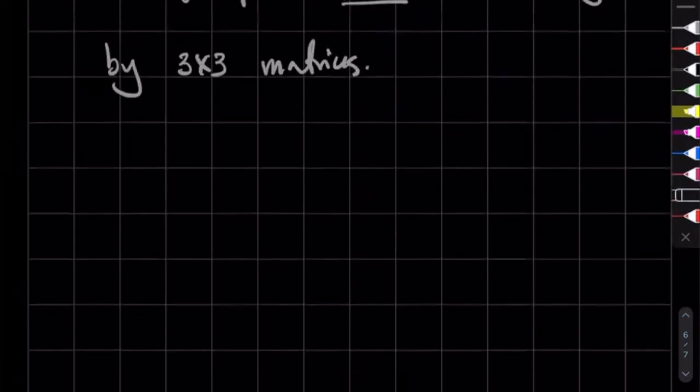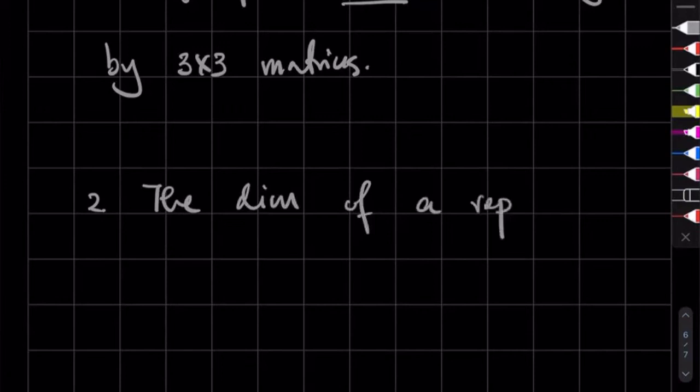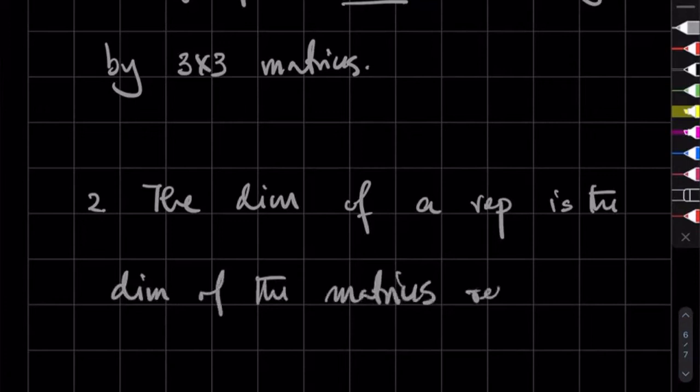Okay, so I think I have mentioned this before, but let me just remind you that the dimension of a representation is the dimension of the matrices representing the group or the Lie algebra.